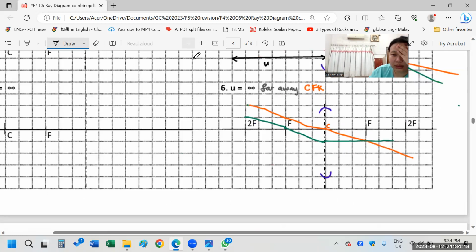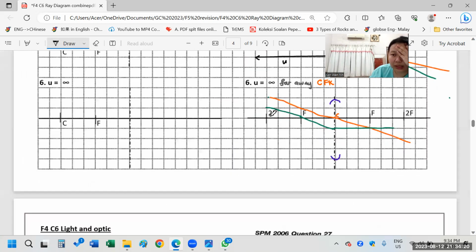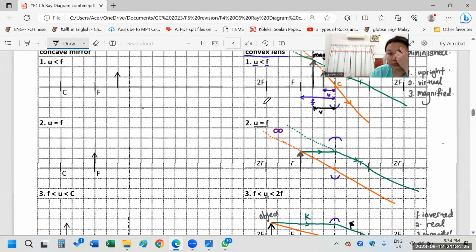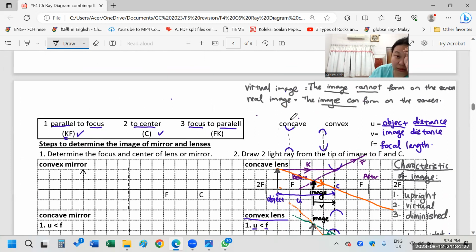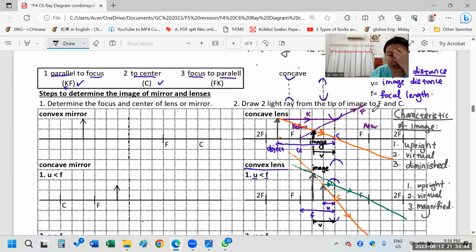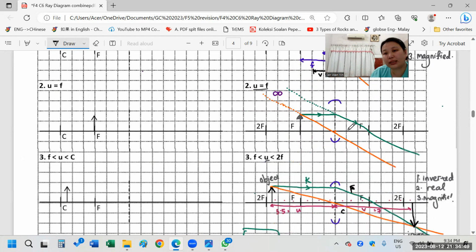So today, what we have learned, we learned how to draw a concave lens and convex lens. What is UVF? Alright. Then what is virtual image? Image cannot form on the screen. Real image can form on the screen. Then actually everything we draw KFC except one.